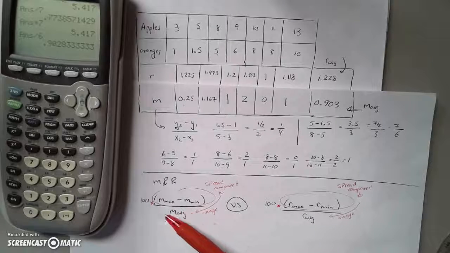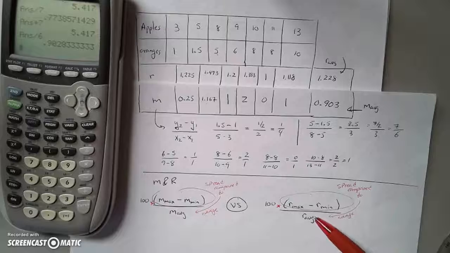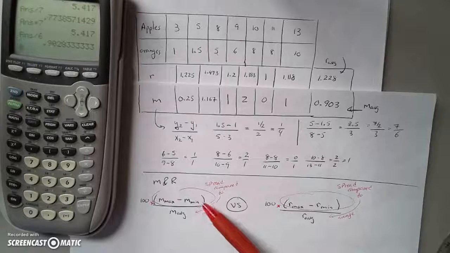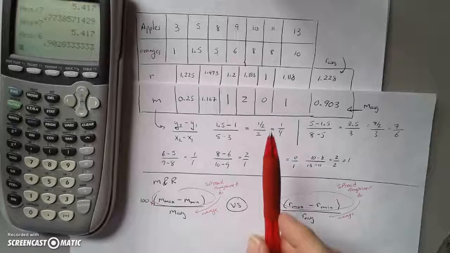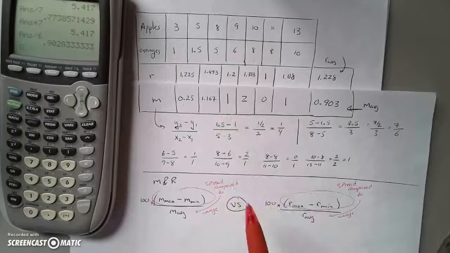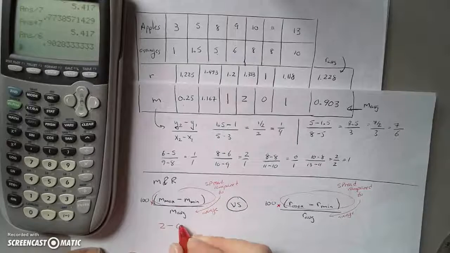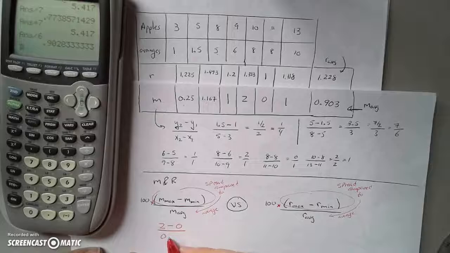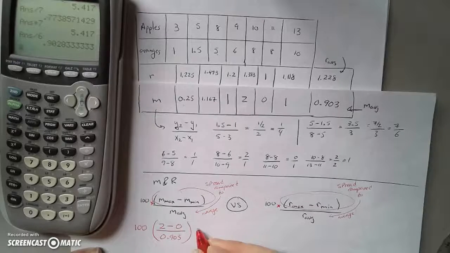There are smaller numbers and bigger numbers. It all depends on what you're talking about. So we divide by averages to compare the spread. If we're going to compare the spread of slopes, we'll compare it to its average. So our smallest slope is 0. Our largest is 2. So this would be 2 minus 0 over an average of 0.903, and we'll multiply that by 100.